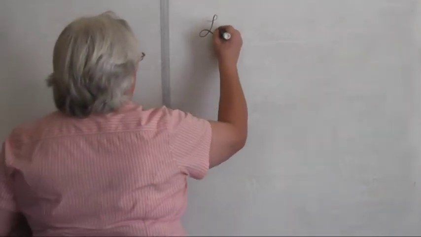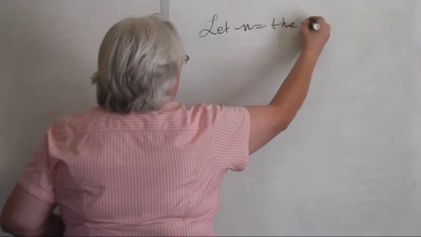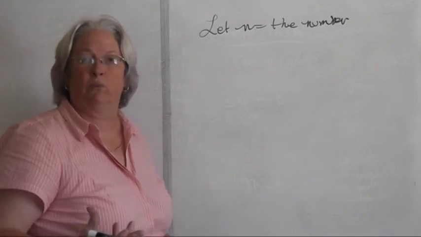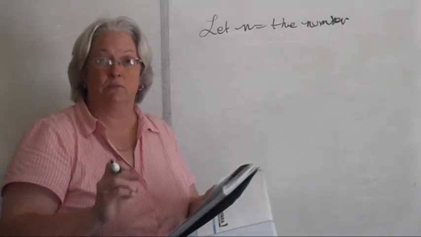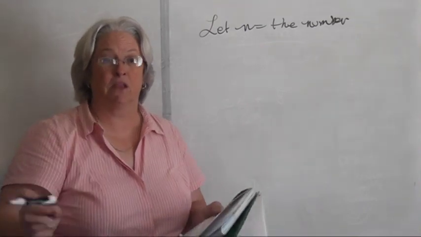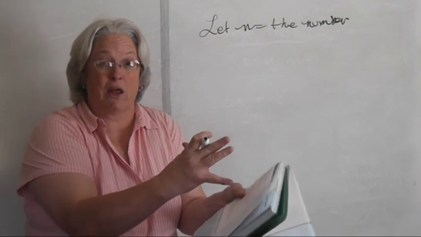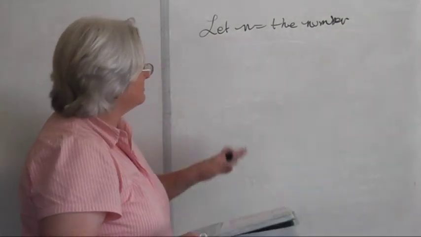Okay, so we're going to say, let n equal the number. When you're working with these problems, and they have more than just 1 or 2 things in them, just take it a little piece at a time. Don't try and automatically lump everything together and write it. You can tend to get frustrated that way, but let's see what we have.